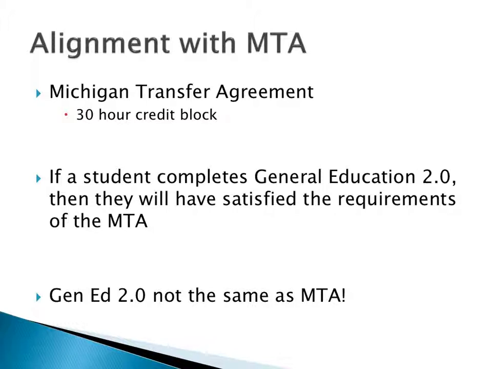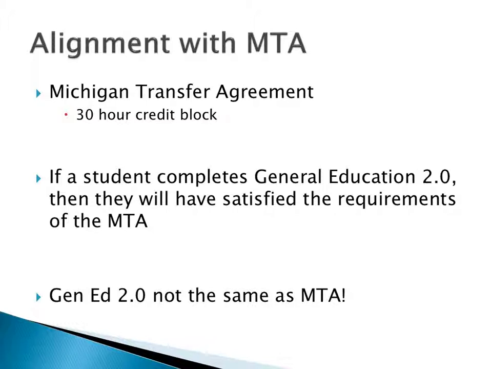So here's what we've done. If a student here completes the General Education 2.0, then they will have satisfied the requirements of the Michigan Transfer Agreement.